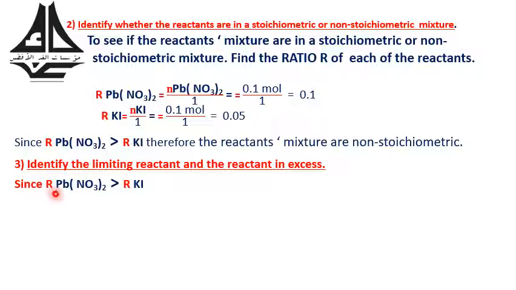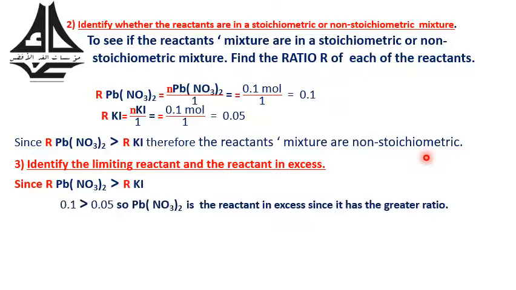Since the ratio R of Pb(NO3)2 is greater than the ratio R of KI, therefore 0.1 is greater than 0.05. 0.1 is the value of the ratio of Pb(NO3)2, and 0.05 is the value of the ratio of KI. So since the ratio of Pb(NO3)2 is greater than the ratio of KI, therefore Pb(NO3)2 is the reactant in excess since it has the greater ratio.